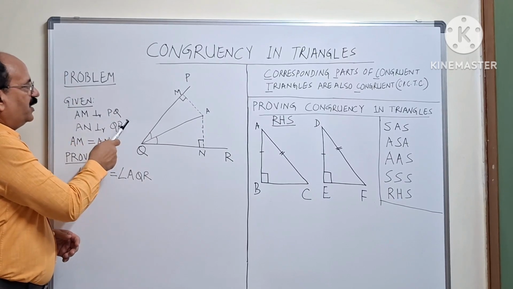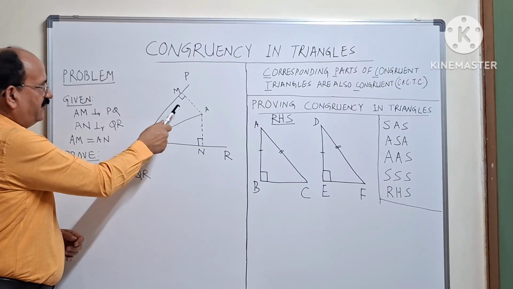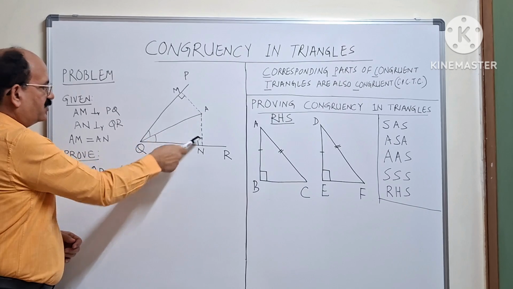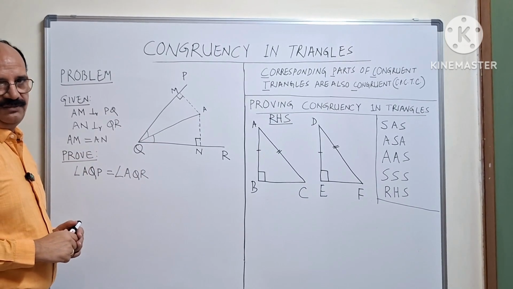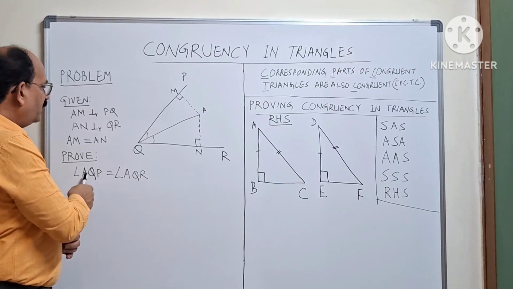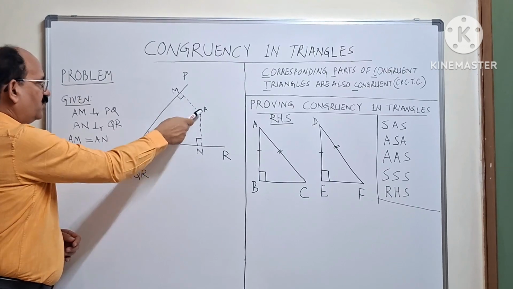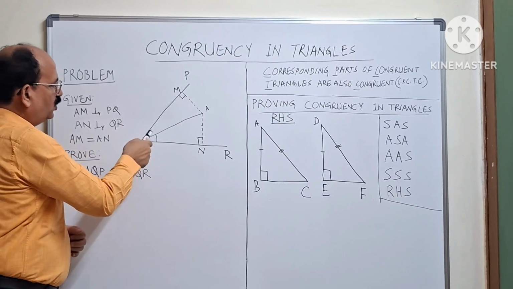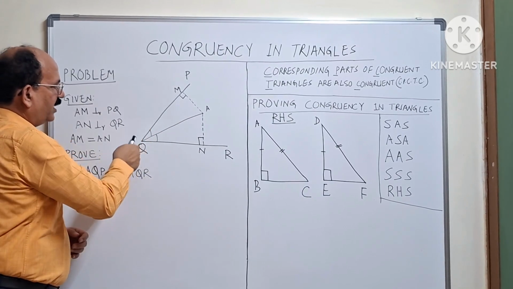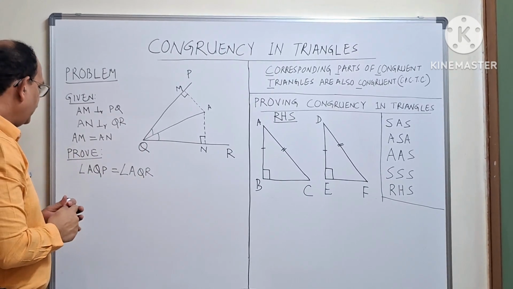So AM is perpendicular to PQ, AN is perpendicular to QR, and it is given that AM is equal to AN. So both these perpendiculars are equal. Now what we have to prove is that angle AQP is equal to angle AQR. In other words, AQ is the bisector of angle PQR.